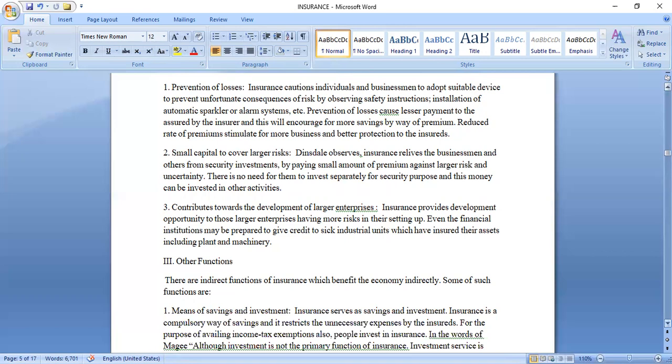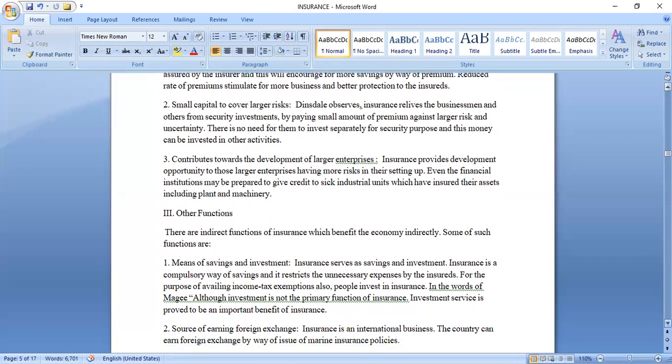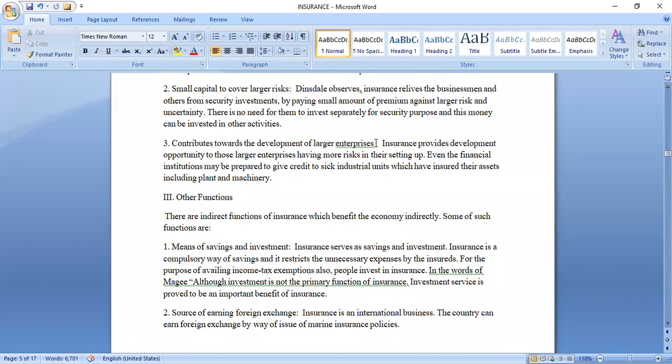But at the end of the day, when you insure, the losses will be minimized, either eliminated or reduced, and it will turn out that you've used less capital to cover these risks than when you've not insured that business at all. So it might be less costly for you to insure than to not insure the subject matter of insurance.